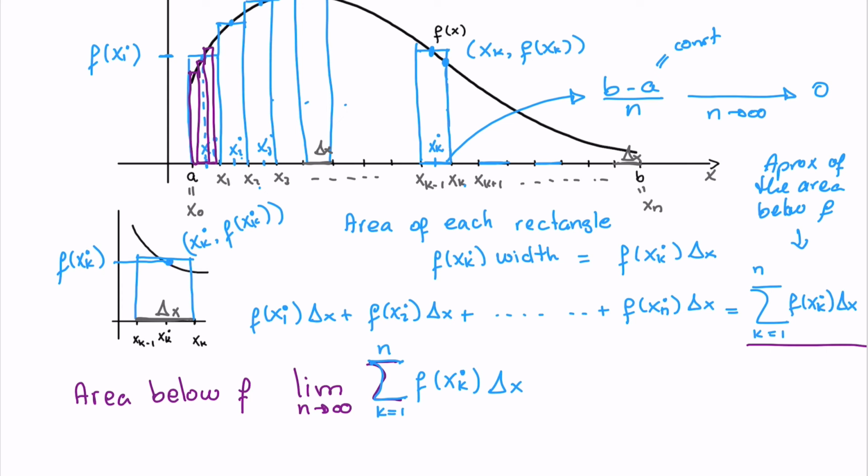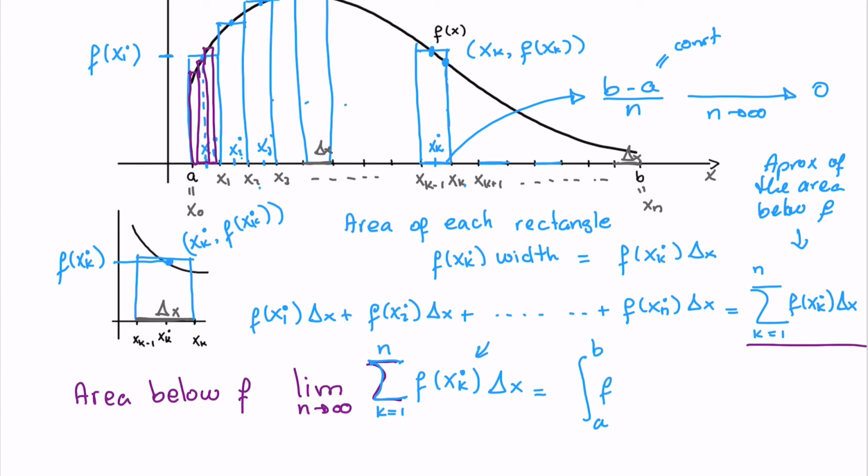Now we have notation for that. When you take an infinite sum like this one, you call it the integral. So the limit of the sum is the integral. The integral from, and now you have to look, it was defined from a to b. That's where we took the partition from. So it goes from a to b of this, what's that?